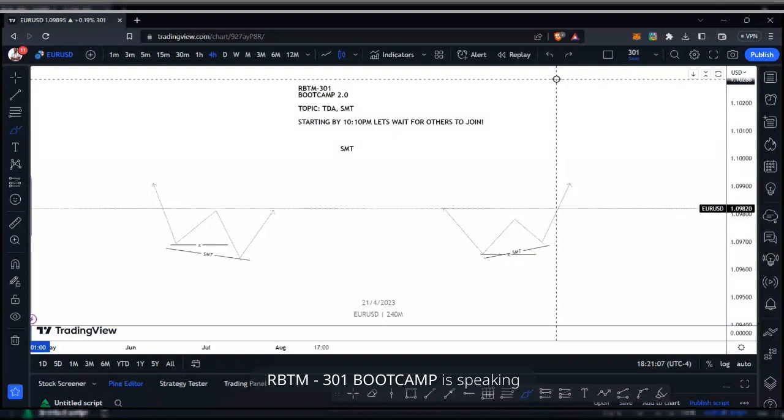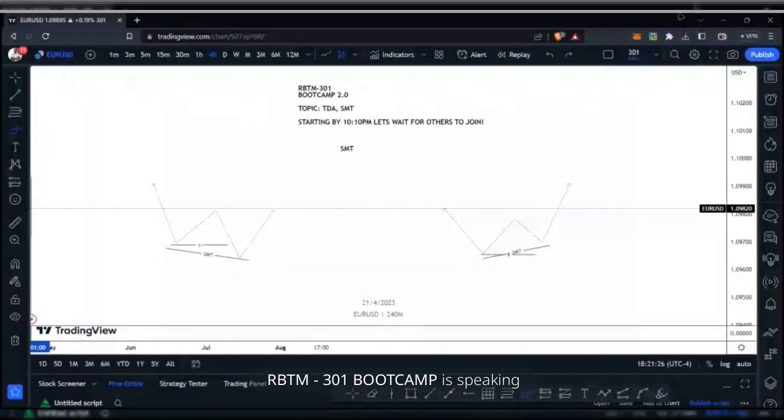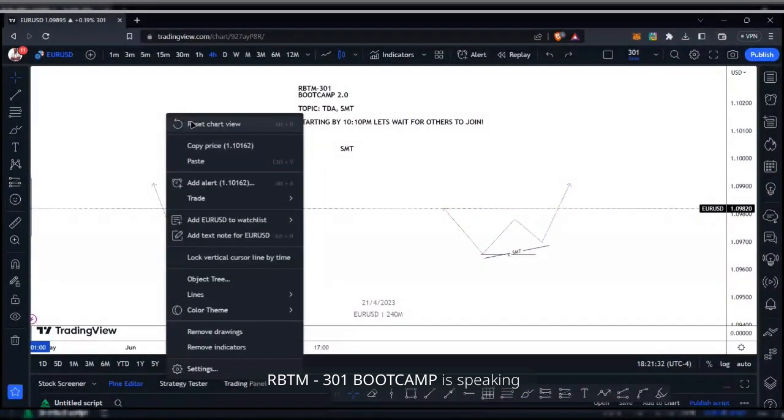You can look for divergences or SMT on it. I know gold and silver do. Which other one do I know of? Yeah, NU and AU. But for me, I'm a die-hard person on EU and GU. So let me show you how it works.